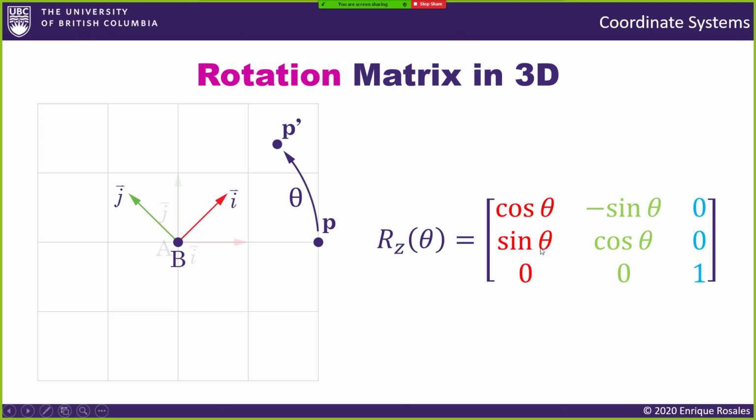And as we said, this is an extension. Originally it was not a rotation matrix, we were just converting from one coordinate frame to another. But it turns out that the basis vectors are always orthogonal and unitary, they have the same length from one coordinate frame to the other one.